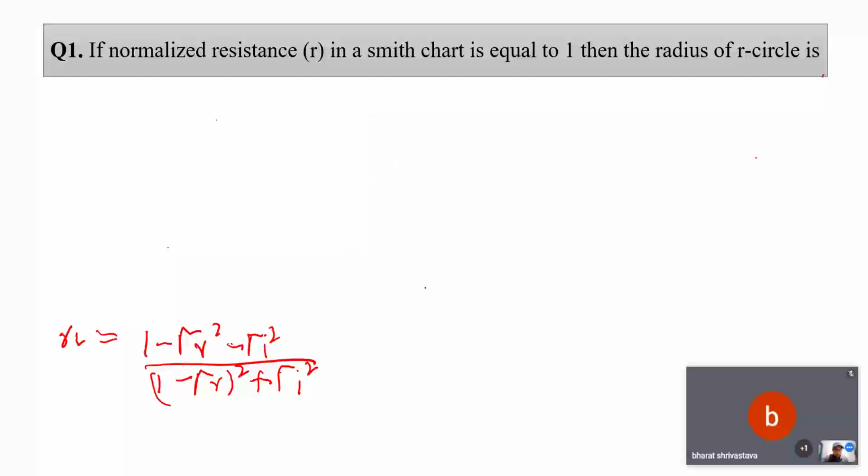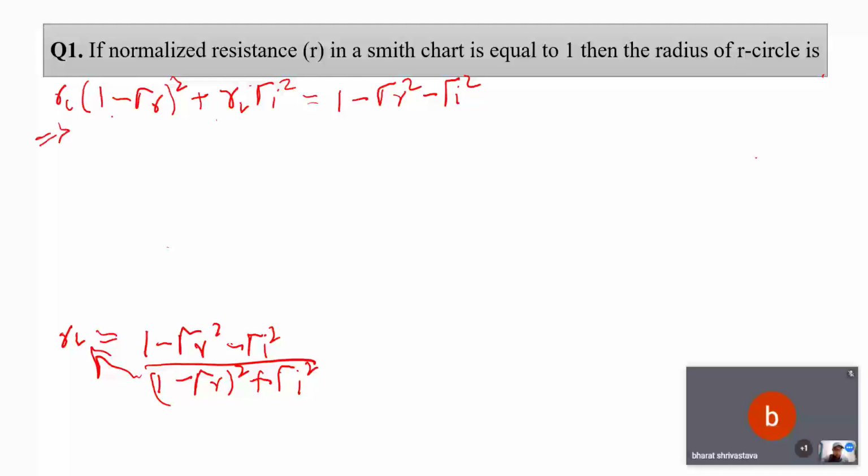Let us now multiply this term into the left hand side. This becomes RL in bracket 1 minus gamma r square plus RL into gamma I square is equal to 1 minus gamma r square minus gamma I square.